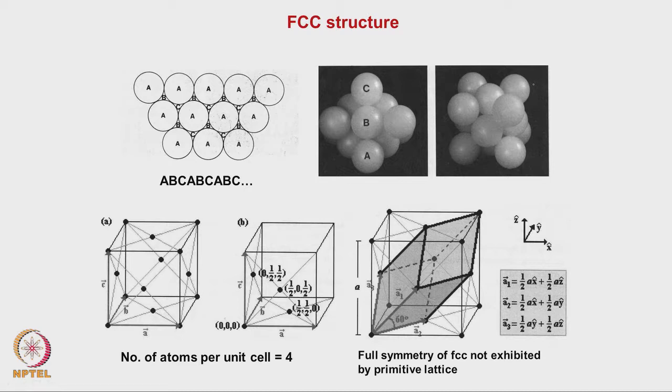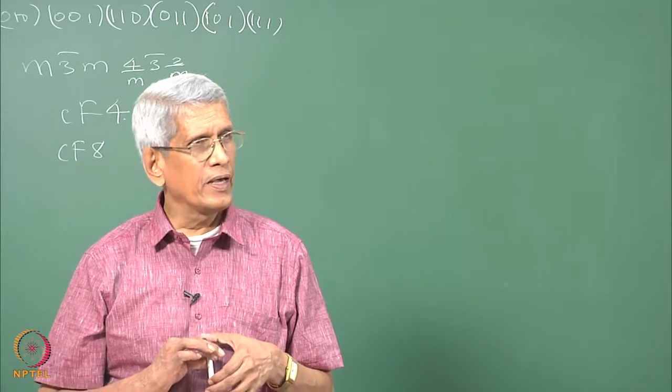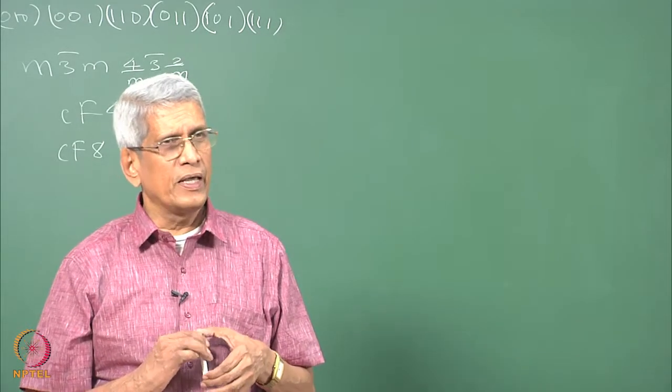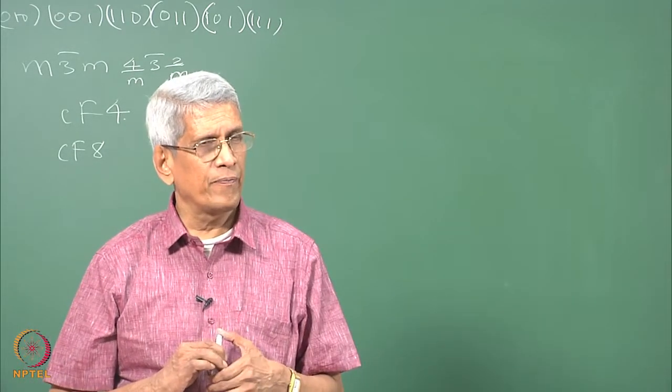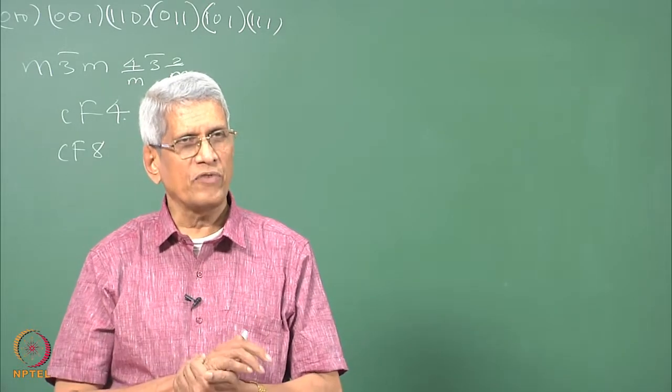What are the ways in which we can represent these structures? One is construction of a unit cell, which we have looked at, how to construct a unit cell. Another is arrangement of two-dimensional layers, one on top of each other.